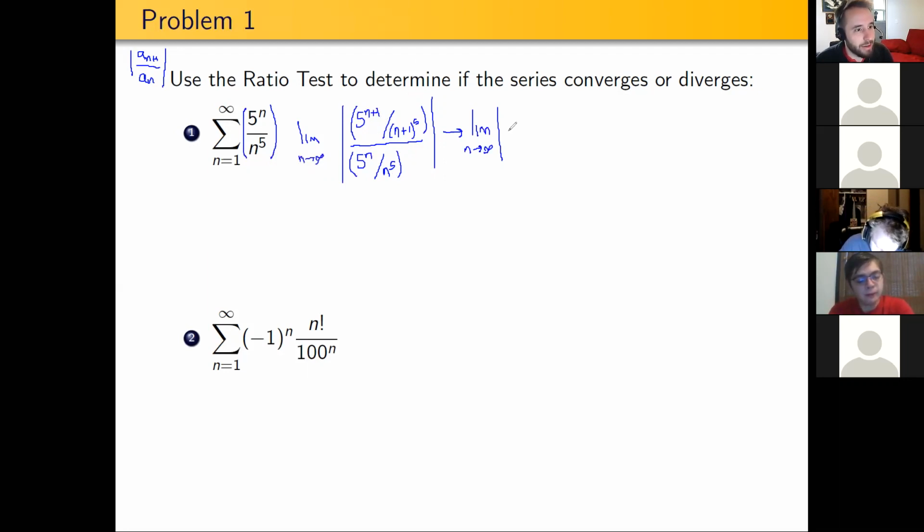If I wanted to, I could rewrite this entire thing without thinking too hard about it by noting that the 5 to the n plus 1 should be in a numerator. This is divided by n plus 1 to the 5th, so that should end up in our final denominator.